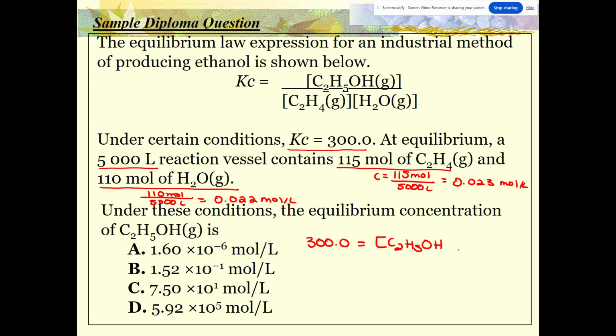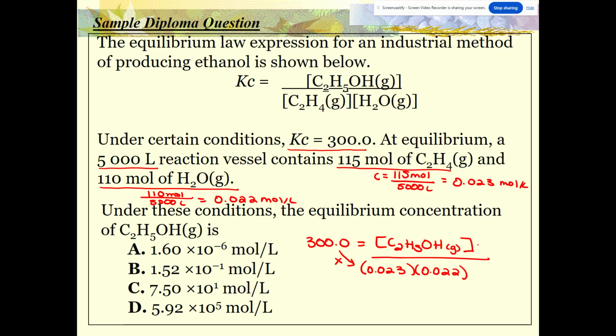All right, so I am trying to find the concentration of my C2H5OH. I know my Kc. I know the concentration of C2H4 is 0.023, and I know the concentration of the water vapor is 0.022. So when I solve, again, I need to multiply the 300 by 0.023 and by 0.022.